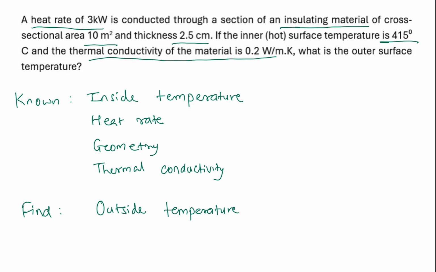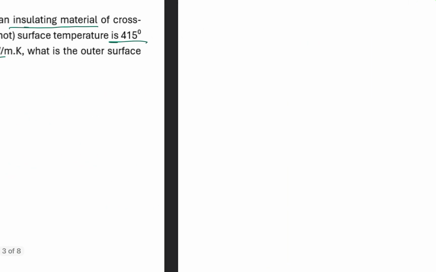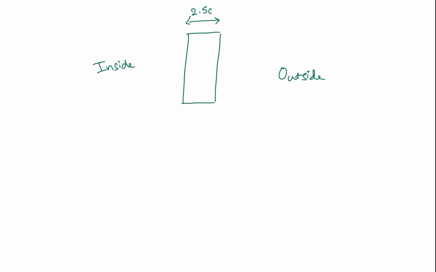So if we draw a schematic for this, let us assume this is the material, and this is inside and this is outside. The thickness of this material is 2.5 centimeter.